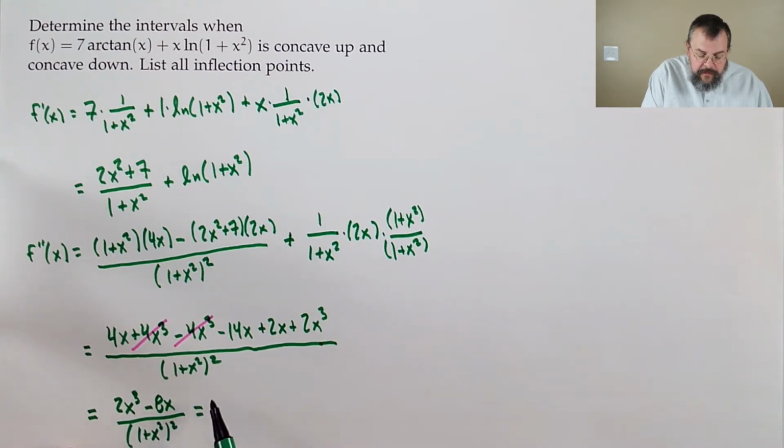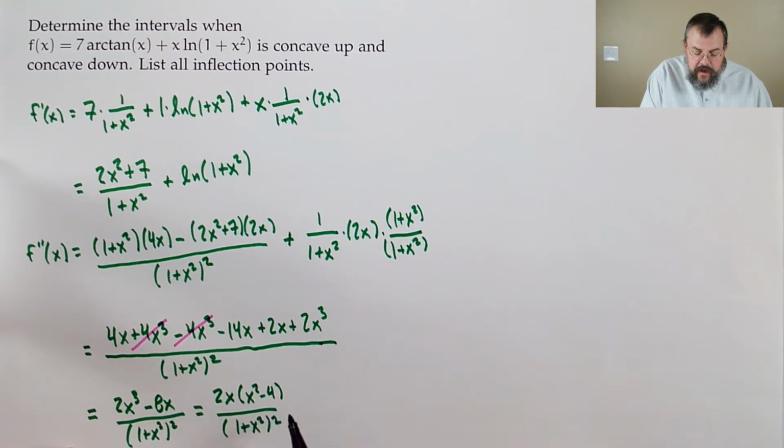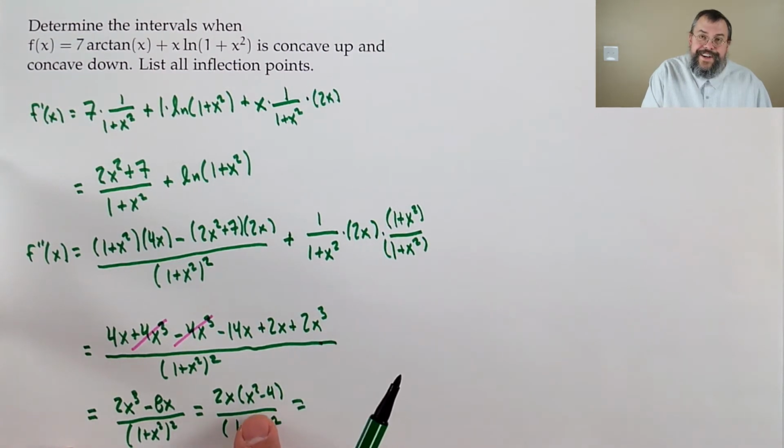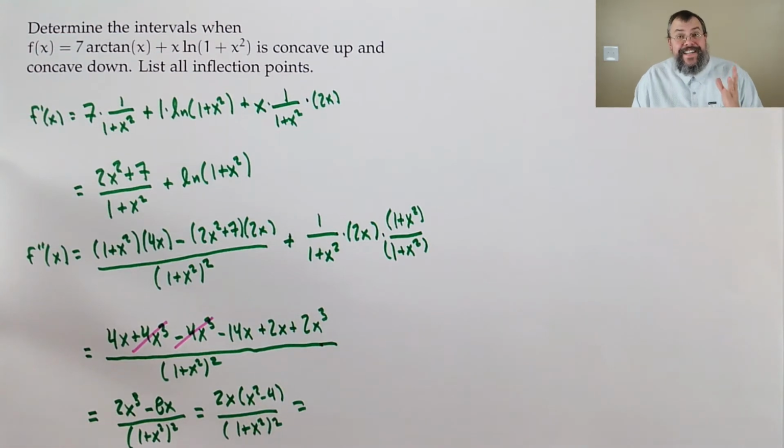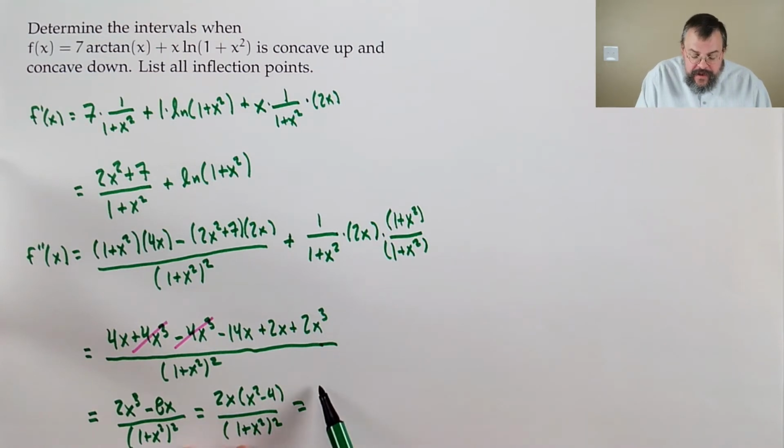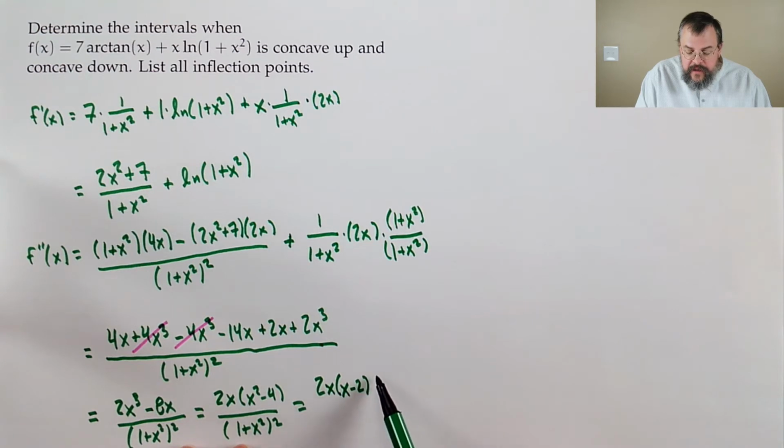On the top, factor out a 2x. 2x times (x squared minus 4), divided by (1 plus x squared) squared. And x squared minus 4. Nice. See, that's the difference of squares, which means beautiful factoring is about to occur. So 2x times (x minus 2) times (x plus 2), divided by (1 plus x squared) squared.